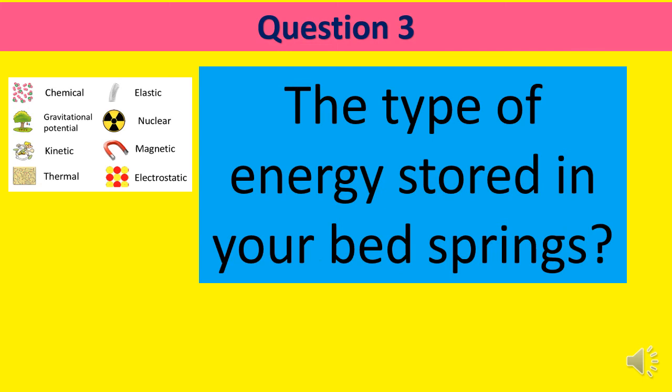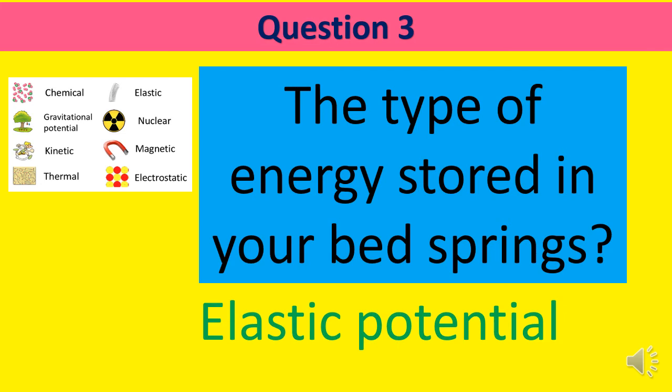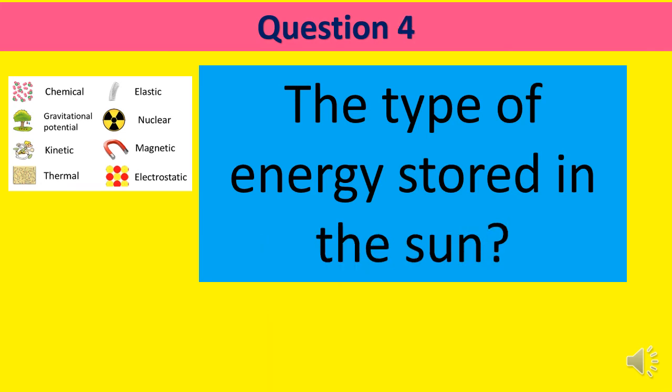Right then, question number 3. The type of energy stored in your bed springs. 3, 2, 1. Well done if you said elastic potential. Question number 4. The type of energy stored in the sun. 3, 2, 1.